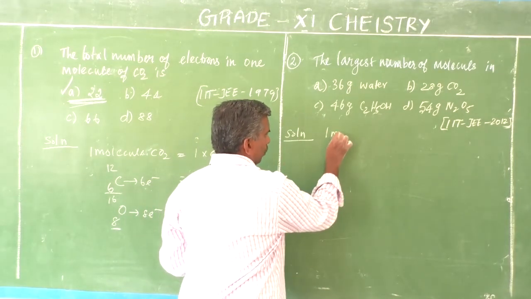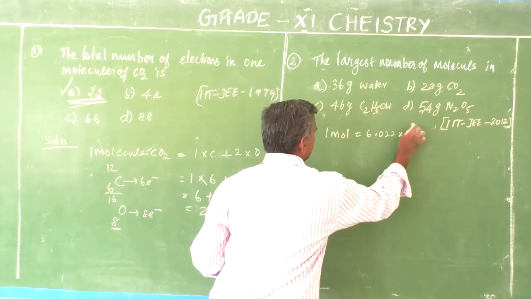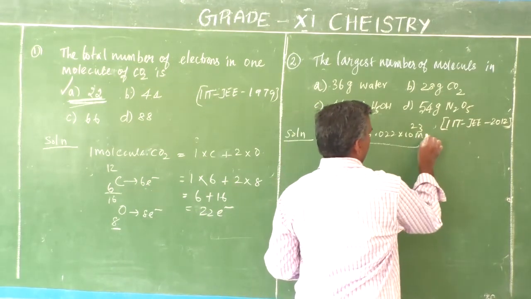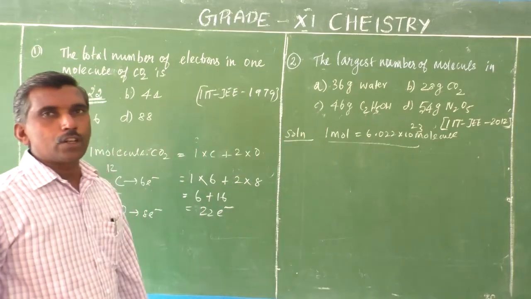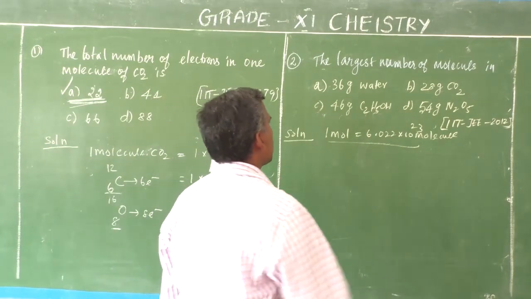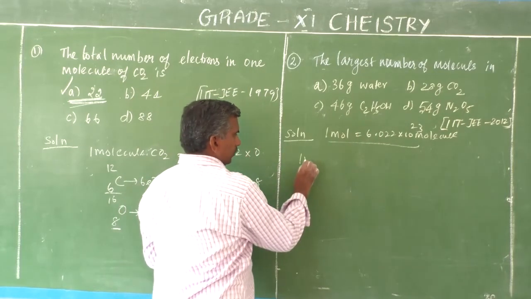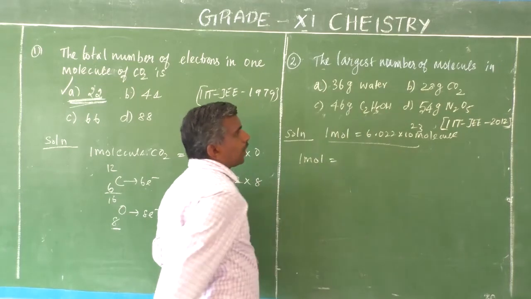One mole is equal to Avogadro number of molecules, for anything. Now the question: 36 gram of water. One mole is equal to the molecular mass of water in grams.